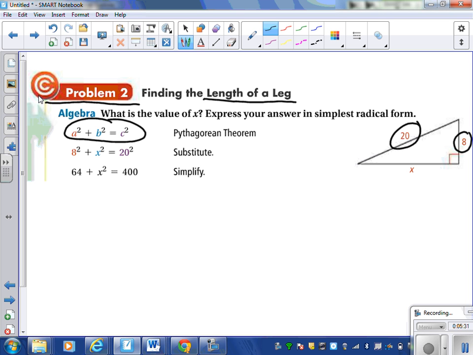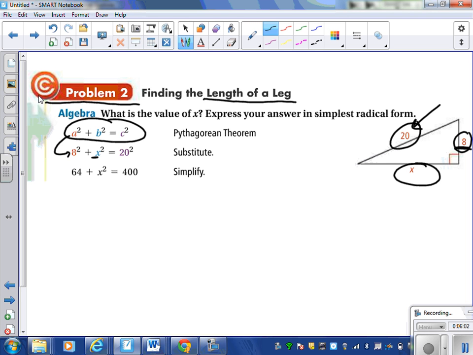The length over here, a, goes in for the a squared, so it is 8 squared, plus x squared. We don't know what that side is, so that becomes x squared. And the hypotenuse, which is c, is going to become 20 squared.